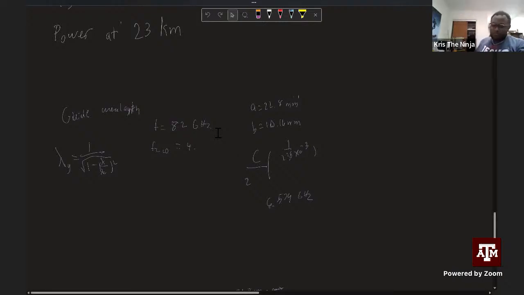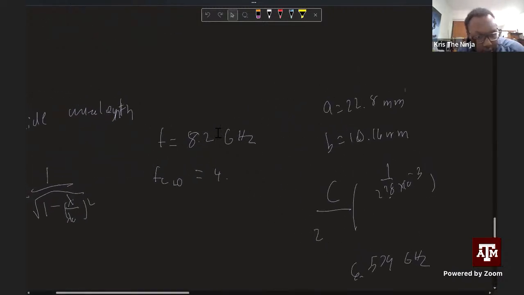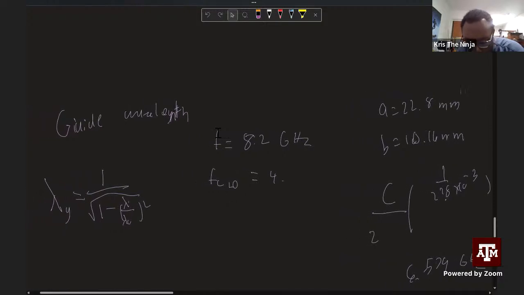All right. So last thing that we're gonna work on is this guide wavelength thing. We're gonna say the cutoff frequency for this item is 4.5 gigahertz.